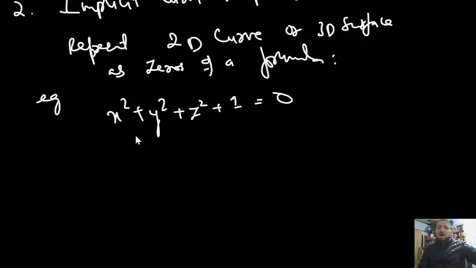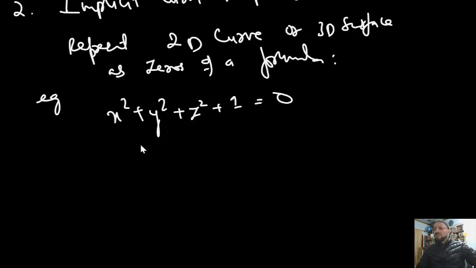Now here we can have multiple values. For the same x value, you can have multiple y values. It is not necessary that each value of x will have only one value of y, as in explicit representation. Here each value of x can have multiple values of y.